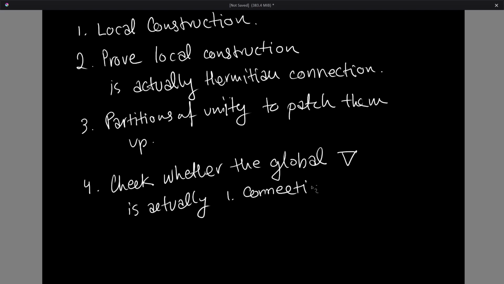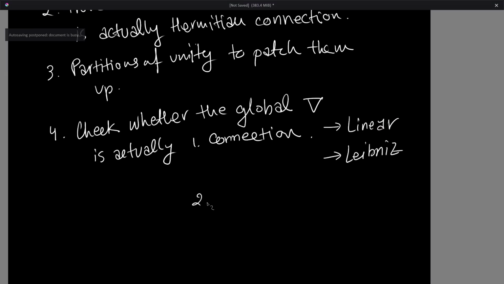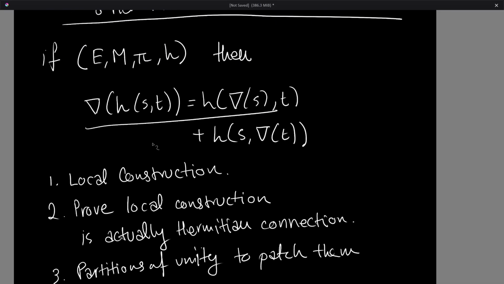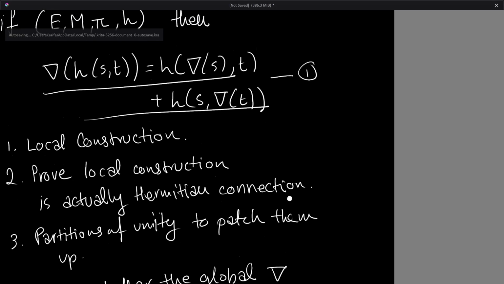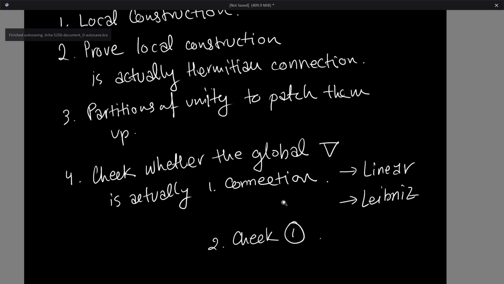So we check whether or not it's linear and it satisfies the Leibniz rule: linear, Leibniz. And then we check if it's Hermitian, which means we check whether this is true. So if I call that 1, then we check 1. And that's how the proof goes.